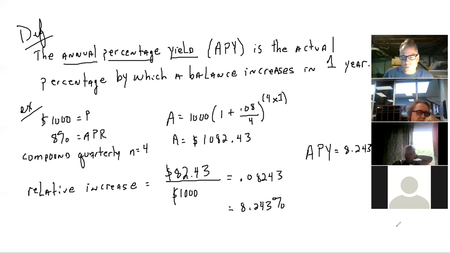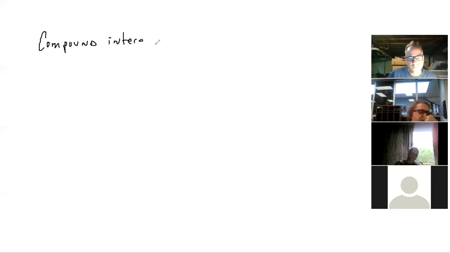All right, so one last thing we need to talk about as far as the new formula goes. One last formula. And it's going to be the compound interest formula for what we call continuous compounding.